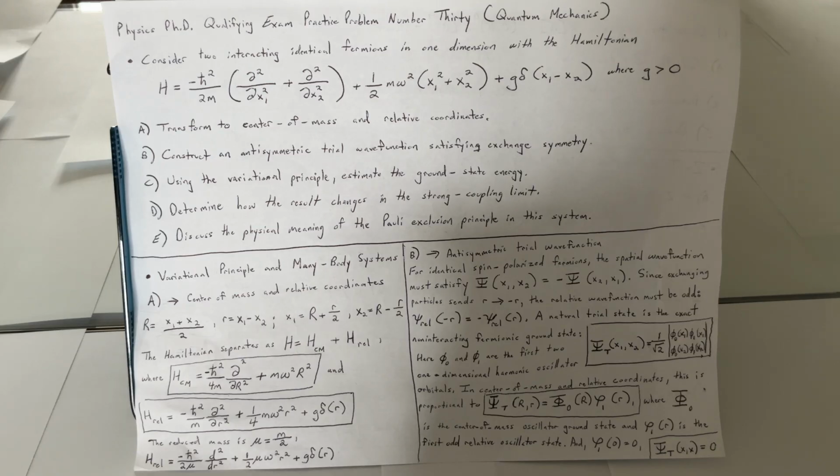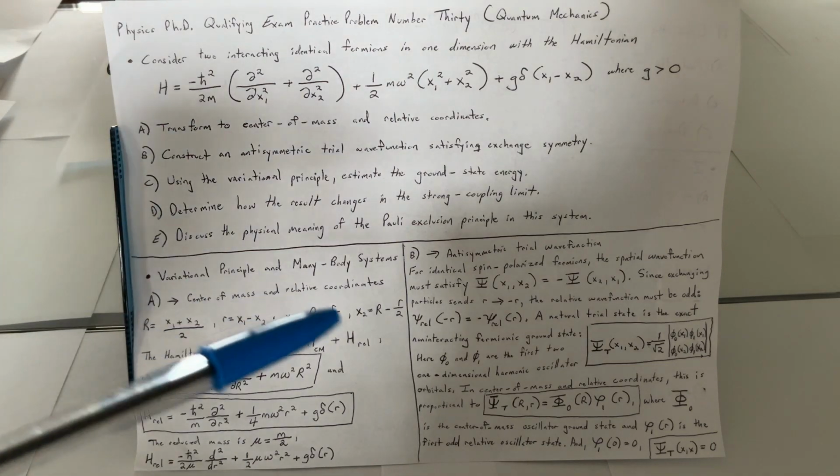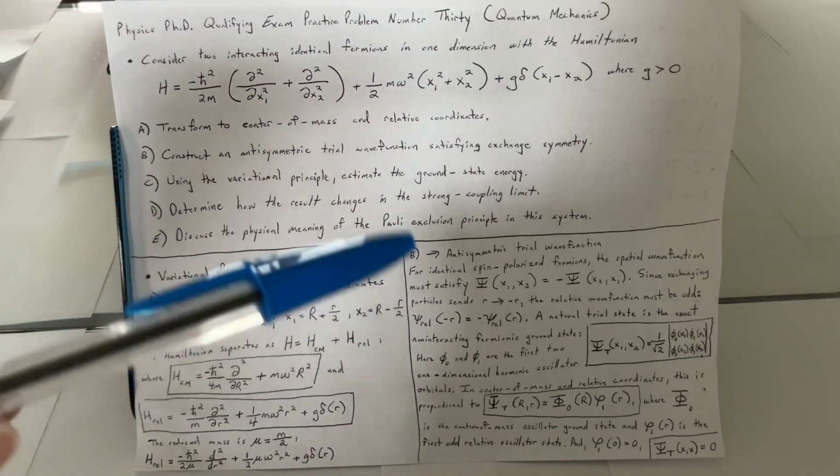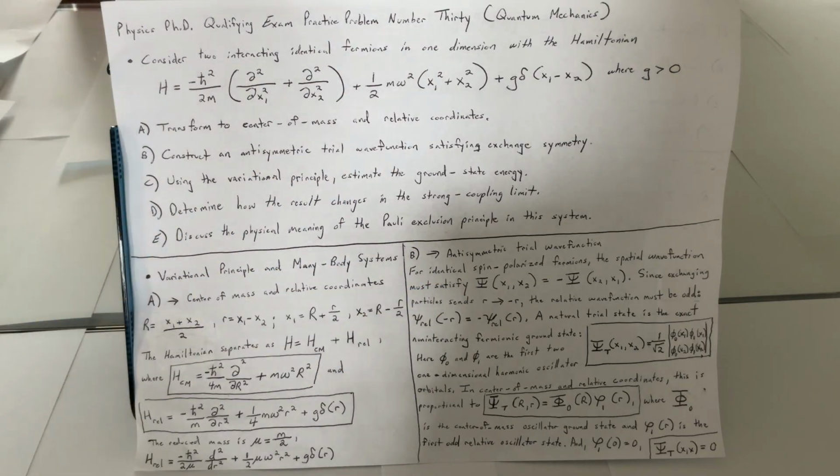And since exchanging particles sends r to negative r, the relative wave function must be odd. Okay, so that psi sub relative of negative r equals negative psi sub relative of r.